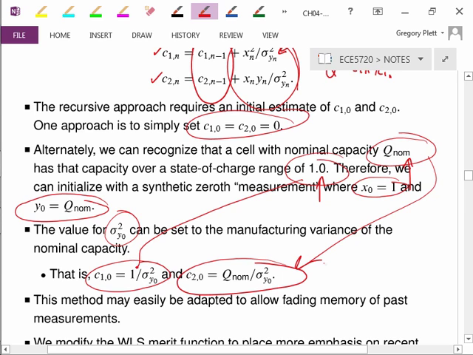One other thing we can do is recognize that the capacity of a cell is going to slowly change over time, and the equations we've looked at don't really acknowledge that fact.